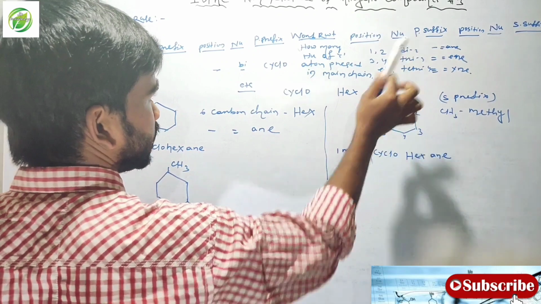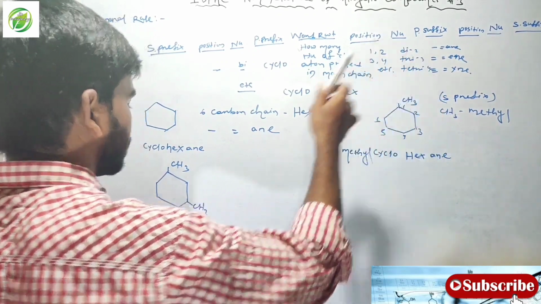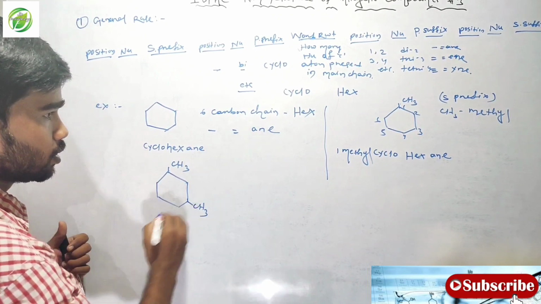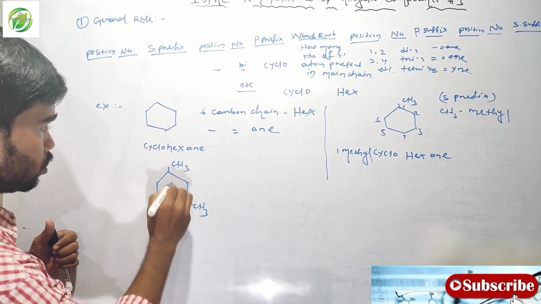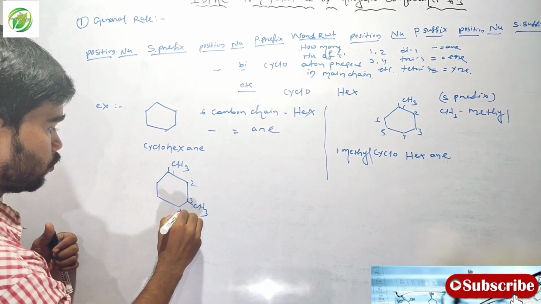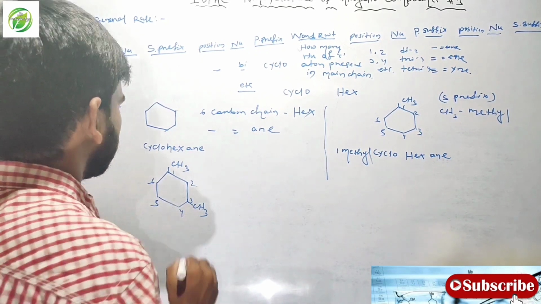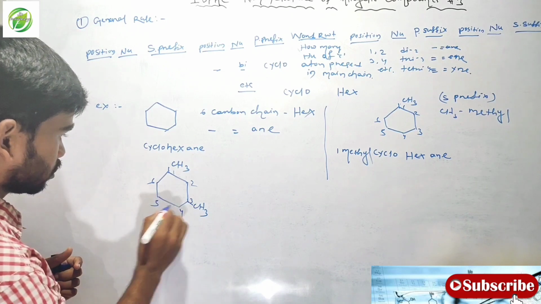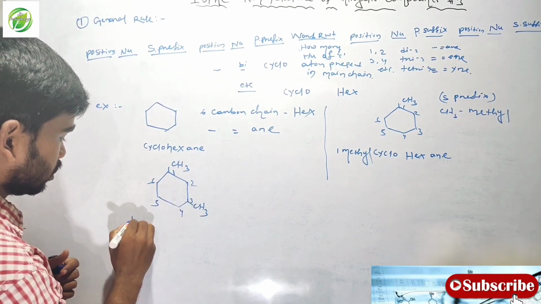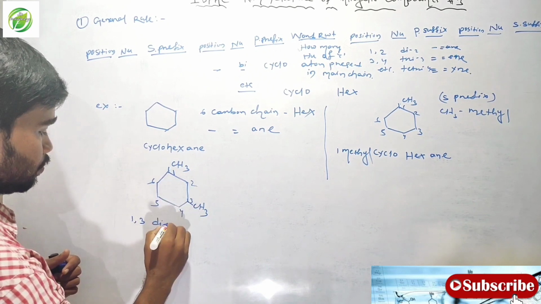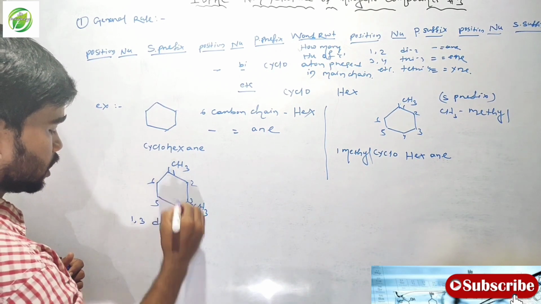For 2 we use di, 3 tri, 4 tetra. The resultant name of this compound: this is 1, 2, 3, 4. First we do the numbering. This is 1, 3. For two methyl groups, dimethyl, CH3 is methyl.